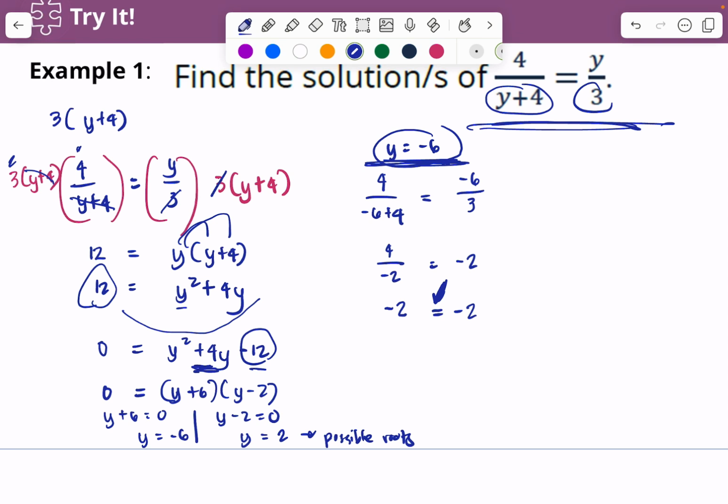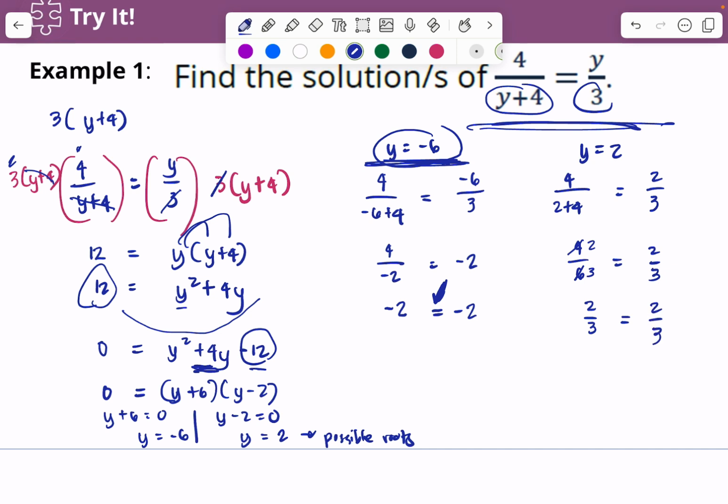Now let's proceed if your y is equal to 2. So 4 over 2 plus 4 equals 2 over 3. So you will have 4 over 6 equals 2 over 3. Now 4 divided by 6, that is 4 divided by 2, that is 2. 6 divided by 2, that is 3. So you will have 2 over 3 equals 2 over 3.